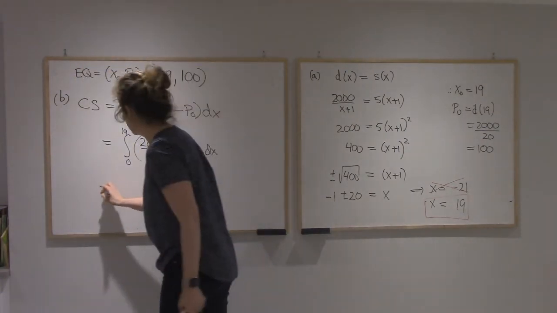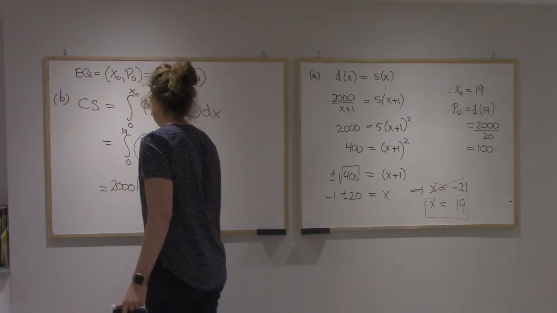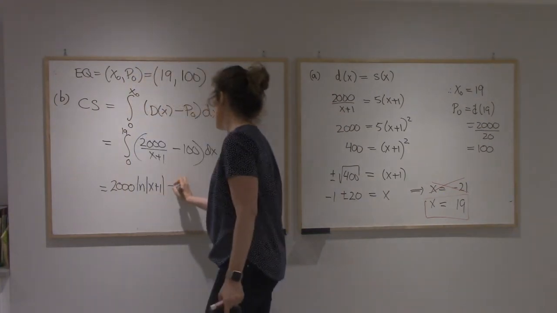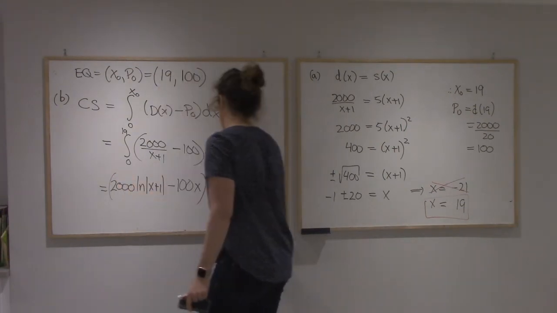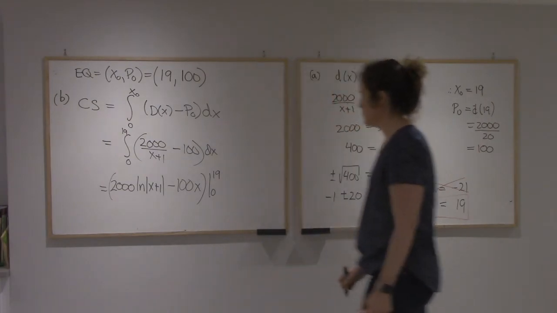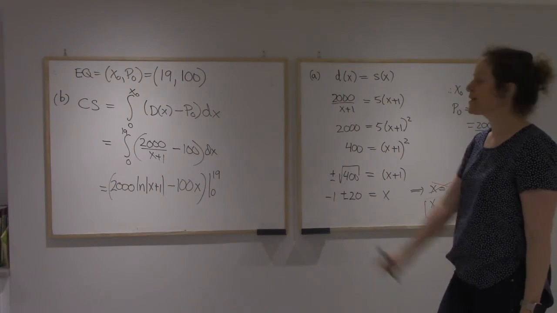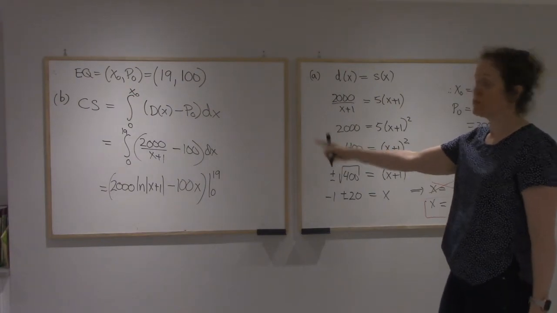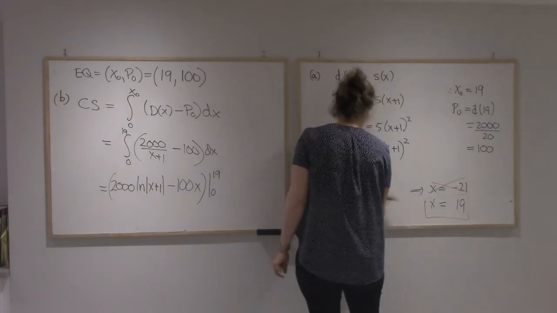And so we get the integral of 2000 over x plus 1 minus 100, which is 2000 log of x plus 1, absolute value, minus 100x from 0 to 19. So again, FTC2 tells you to plug in 19 first and then subtract what you get by plugging in 0.